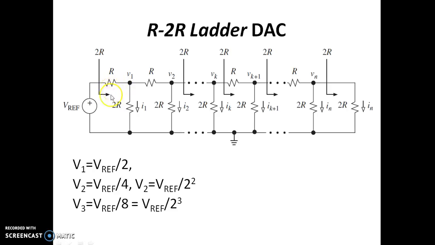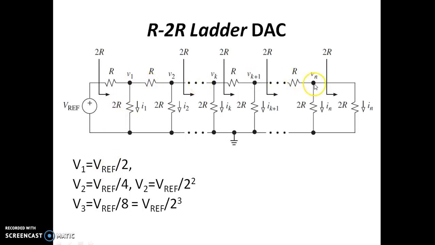That means to say, suppose you have a voltage of V reference connected here, the voltage at this point happens to be V reference by 2. So you may be wondering, how does the voltage at this node become V reference by 2?